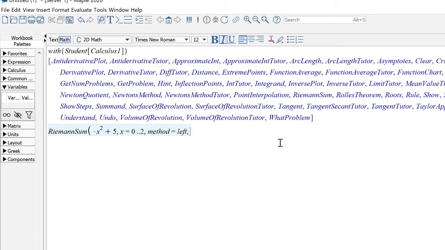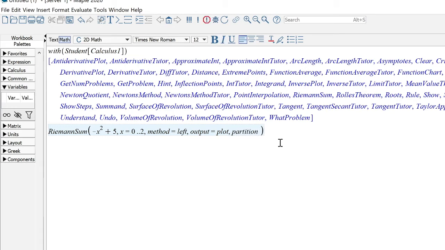And then output equals plot. So this should plot the sum. Actually, I want to do one more thing.